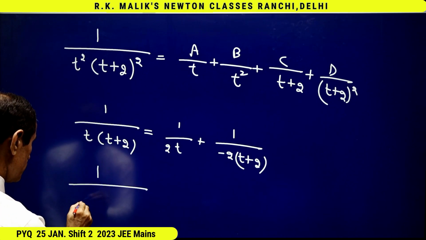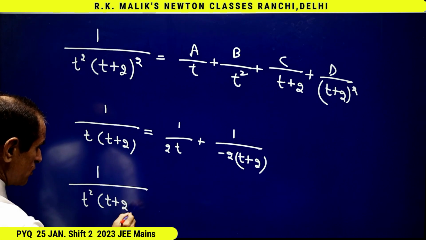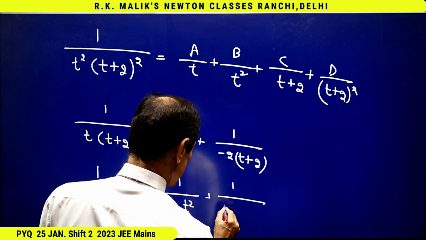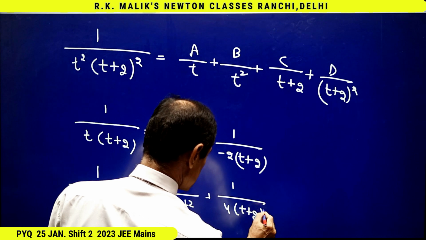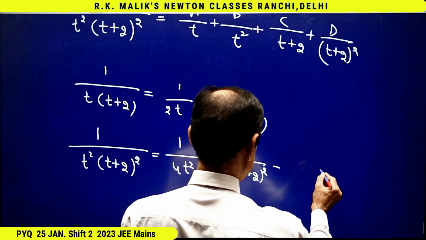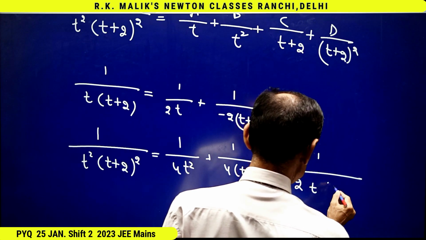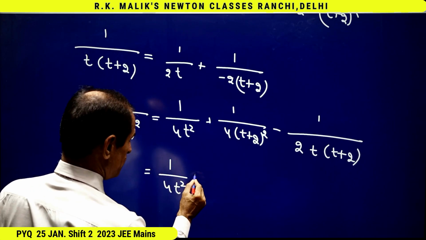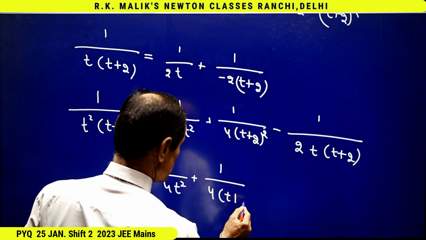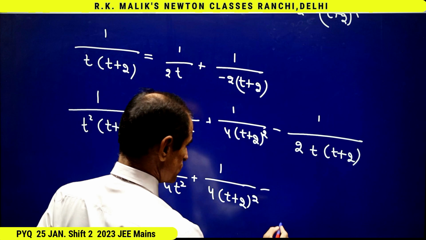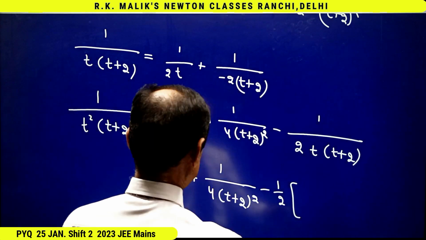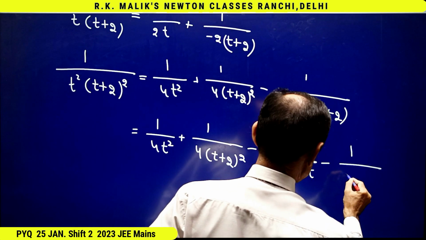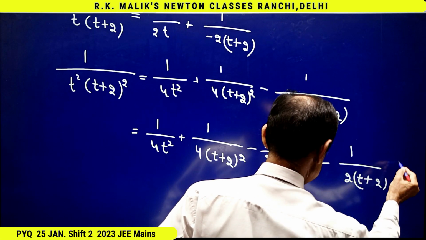I get 1 upon t² (t + 2)² equal to 1/(4t²) + 1/(4(t + 2)²) − 1/(2t(t + 2)), and again making the partial fraction of it, I get 1/(2t) − 1/(2(t + 2)).